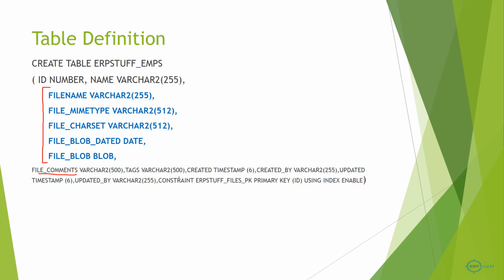You can have something else as well, like tags or whatever. This is the structure, and I will be uploading this text or code in the Apex area of the Oracle portal, ERPstuff.com. So nothing to worry about, this will be there.